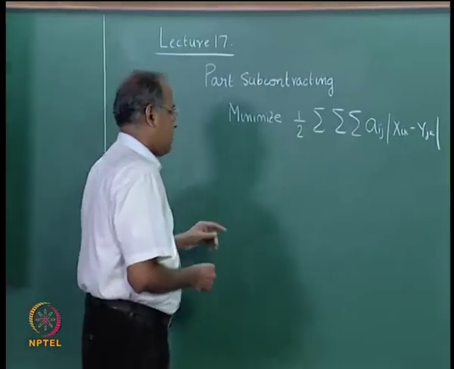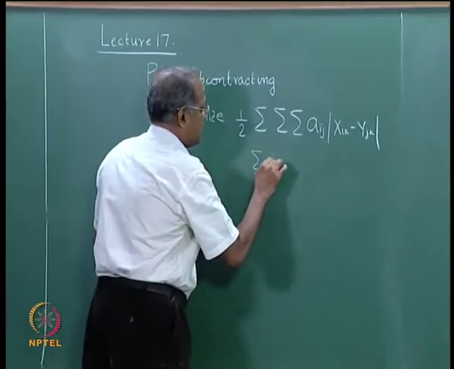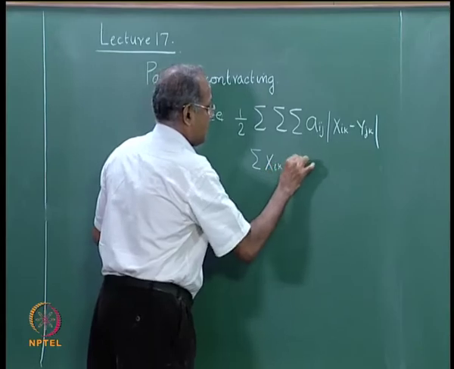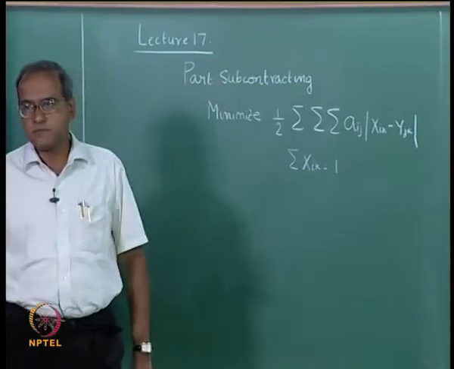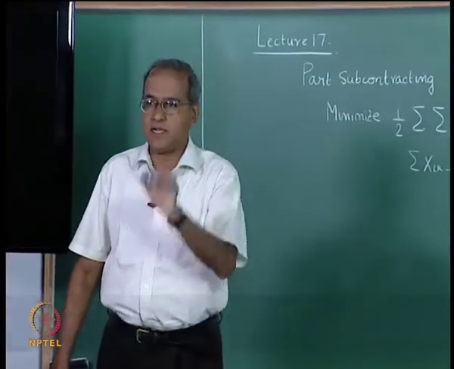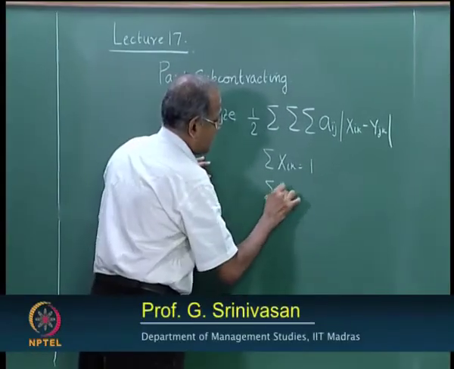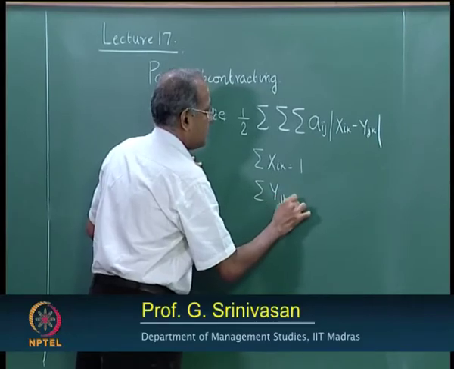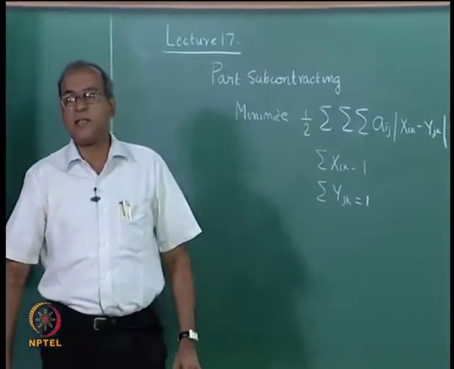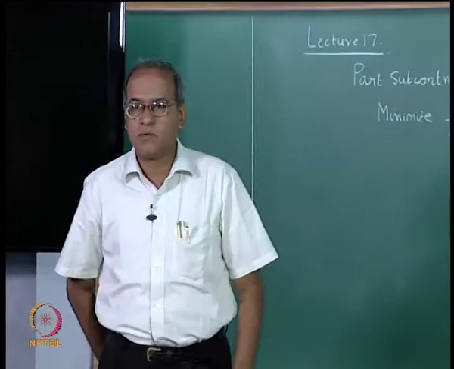The original Bochter's formulation will have sigma x I k equal to 1, which means each machine is assigned to one group, and sigma y j k is equal to 1, where each part is assigned to one group.